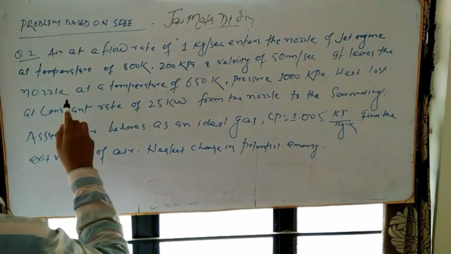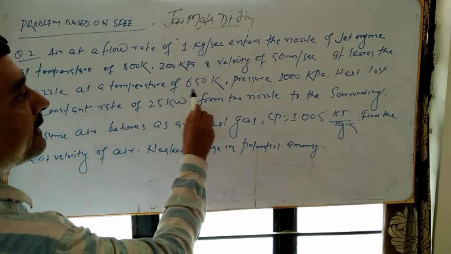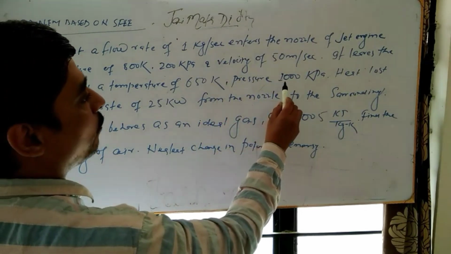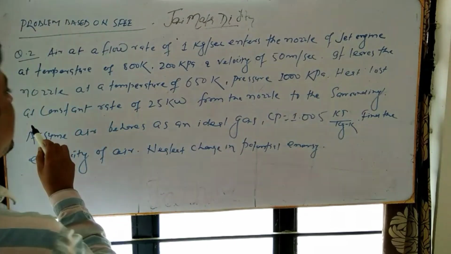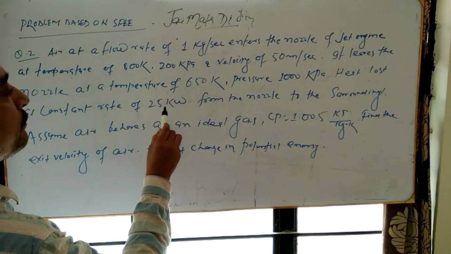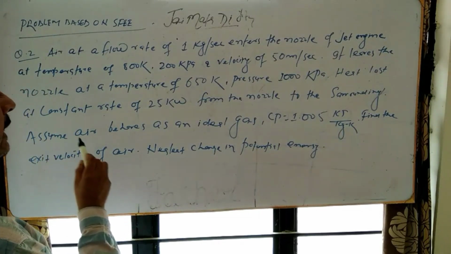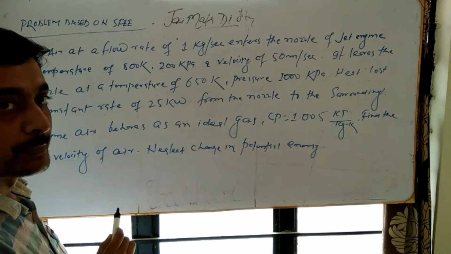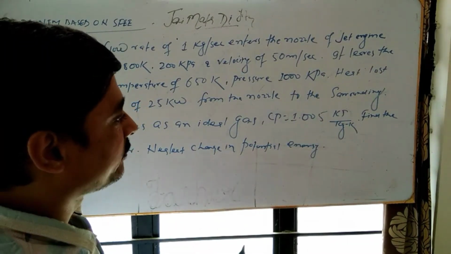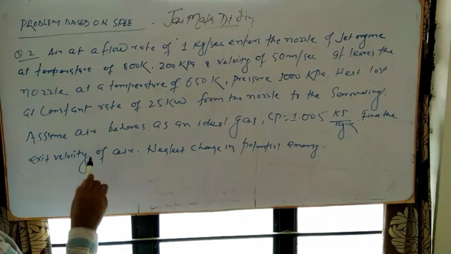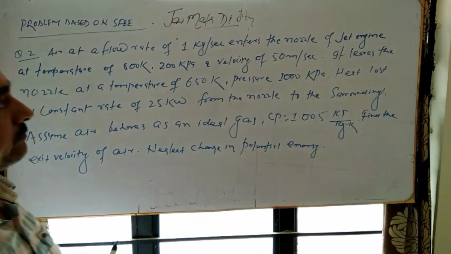It leaves the nozzle at a temperature of 650 Kelvin, the pressure 1000 kilopascal. The heat is lost at a constant rate of 25 kilowatt from the nozzle to the surrounding. Assume air behaves as an ideal gas. Cp is 1.005 kJ per kg Kelvin. Find the exit velocity of air, neglect the change in potential energy.